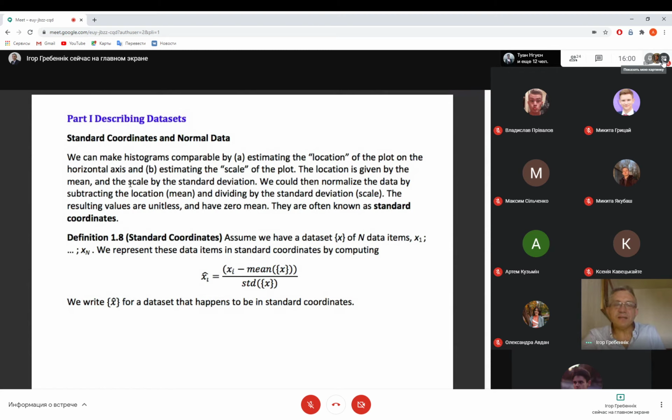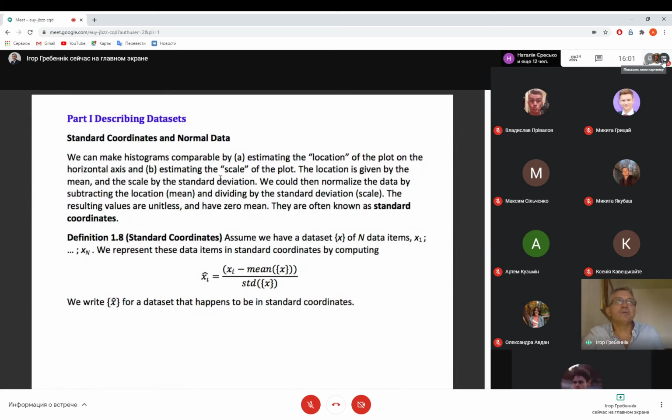And the scale is defined by standard deviation. If we make standard deviation larger, then the width of the histogram increases. When we decrease the standard deviation, the width of the histogram along the horizontal axis decreases. For large standard deviation, we have large width of the histogram. For small standard deviation, we have small width of the histogram.